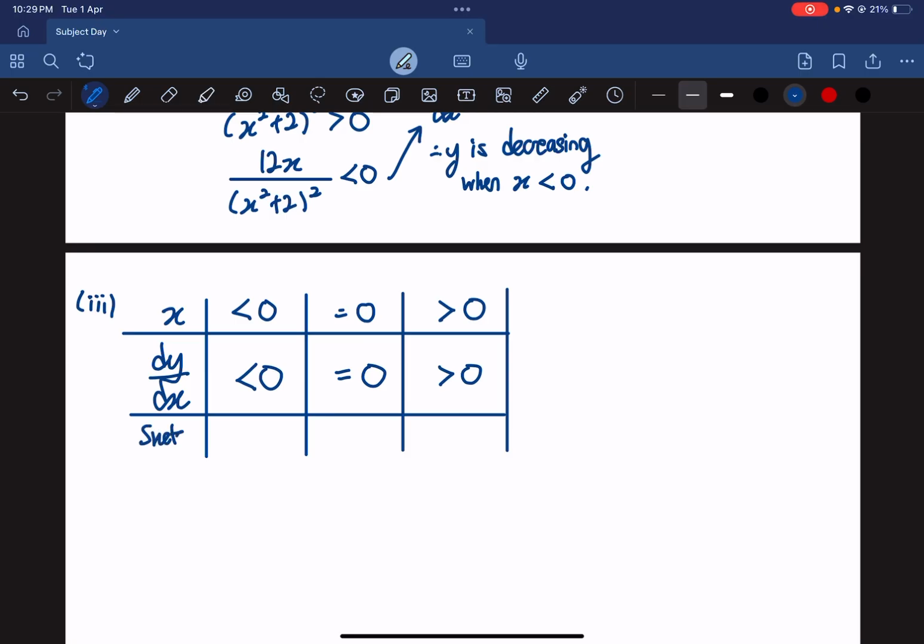Sketch of tangent: this is simply the gradient negative, a downward sloping tangent. This is a horizontal line and an upward sloping tangent. So therefore the conclusion is that (0, 0) is a minimum point. And this is the answer to part C.